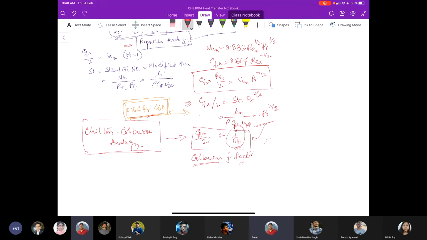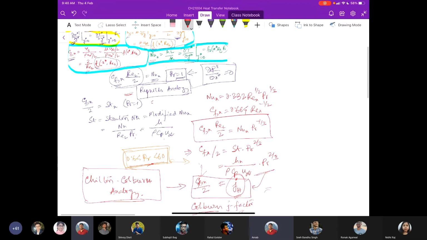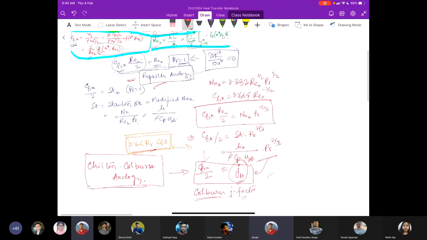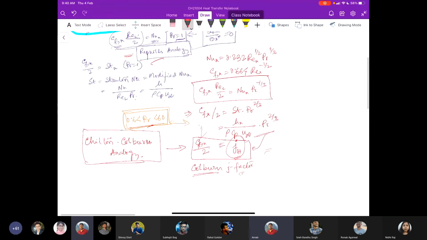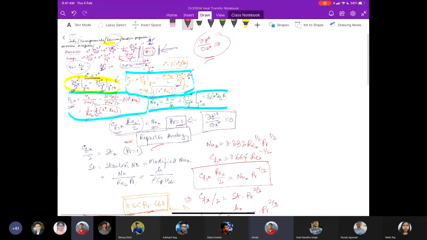The reason is that if we knew skin friction or the friction coefficient, whether we can estimate the convective heat transfer coefficient. That was the question, and that is why we came across Reynolds analogy and then the Chilton-Colburn analogy for wide applicability, considering the different situations. Any question?